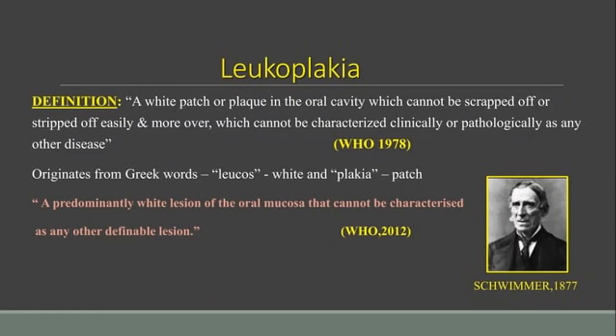It originates from the Greek words leukos, white, and plakia, patch: a predominantly white lesion of the oral mucosa that cannot be characterized as any other definable lesion. This is the recent definition given by Schwimmer in 1877.